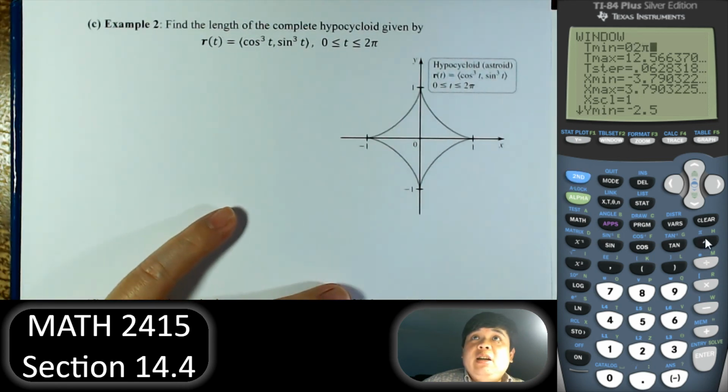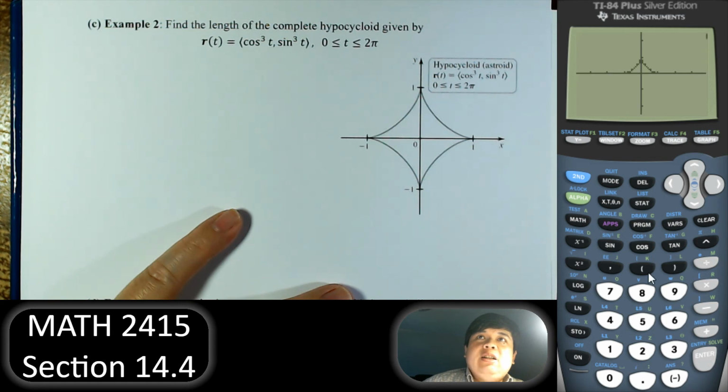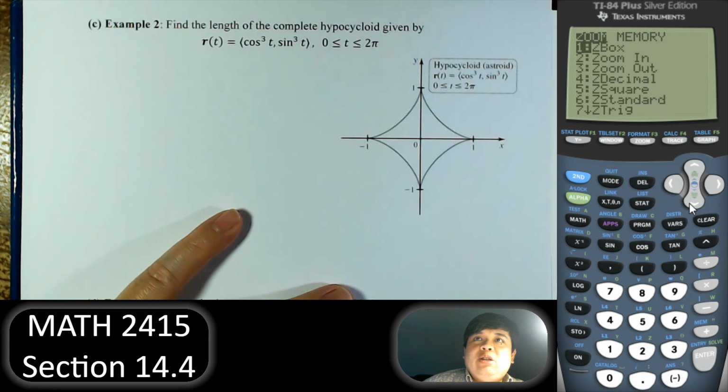I said here 0 to 2 pi, and 2 pi I divide by 100, so it will plot 100 points, so it will look like that. Let's see if we can zoom in a little. I choose zoom box.